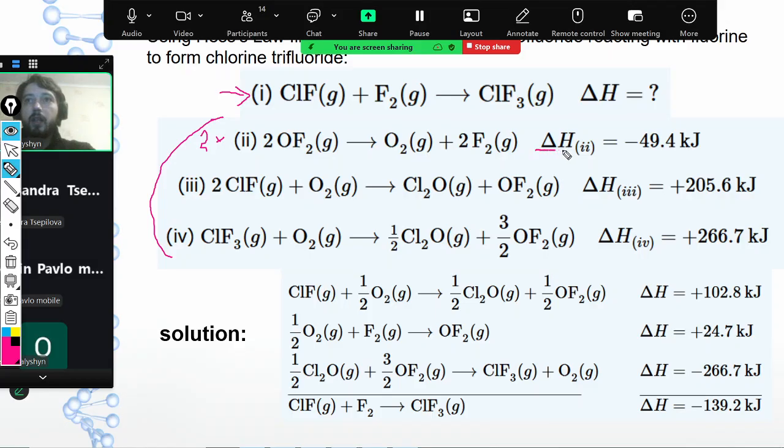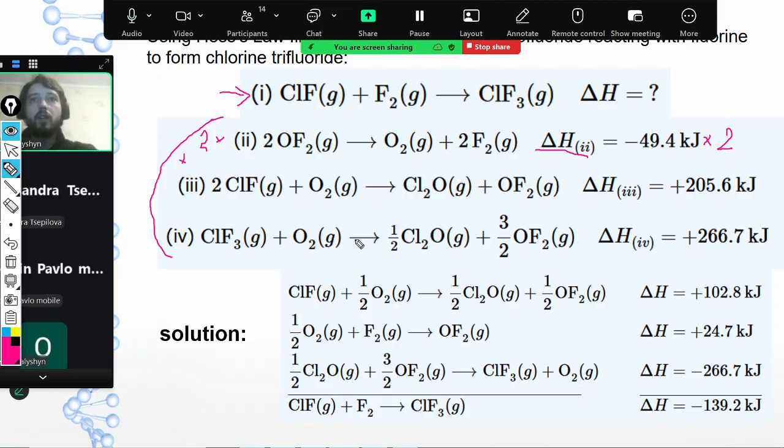Now, delta H gets multiplied by 2 as well, because this is an extensive property. So the more moles you have, the larger this quantity gets. It scales with the number of moles. You can add them as we did in the previous example. So you can add them and then you can cancel out reactants that you have on both sides of the arrow. You can do that as well.